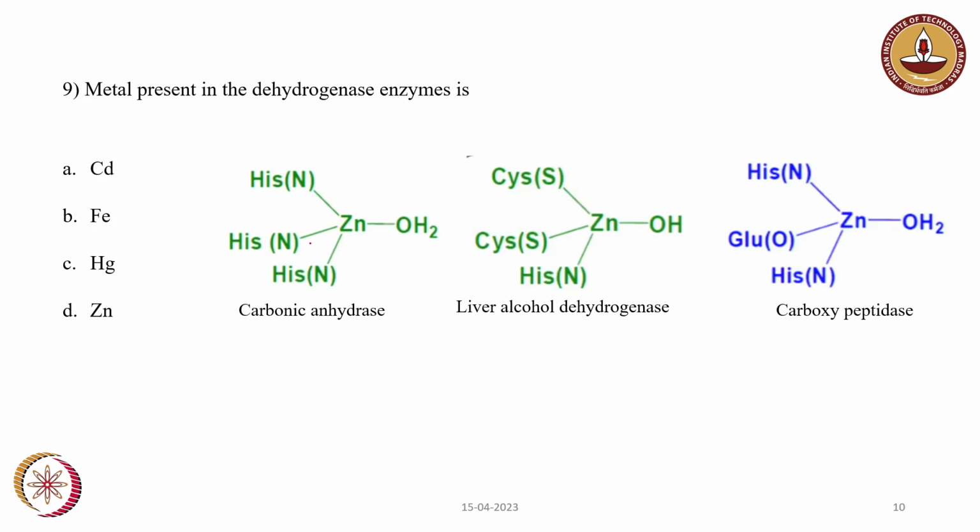So three coordination sites will be satisfied with the amino acid groups of peptides, and the fourth one will be coordinated to water and OH.